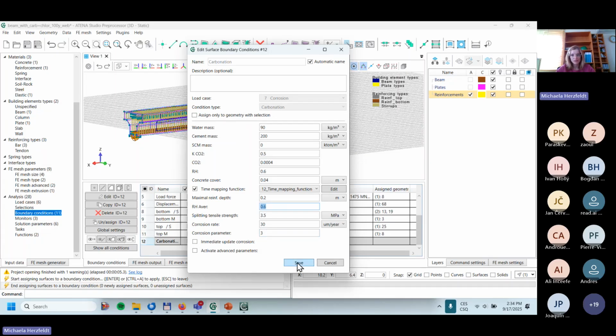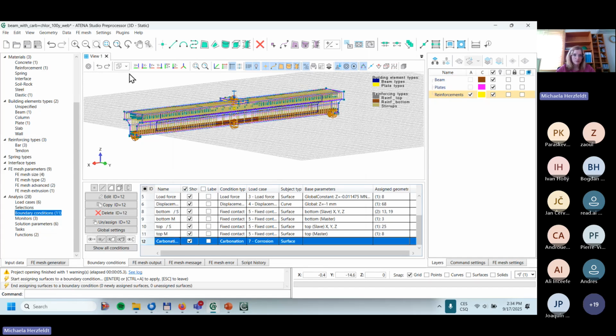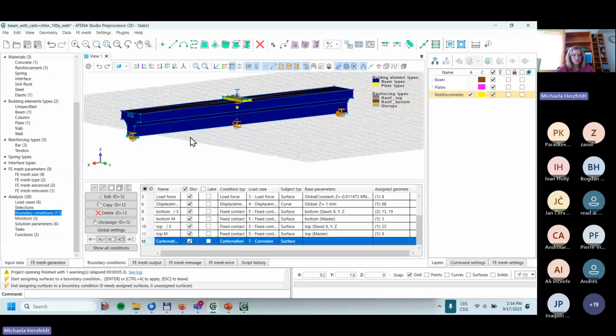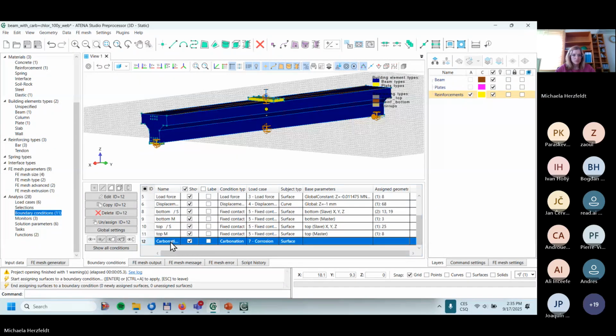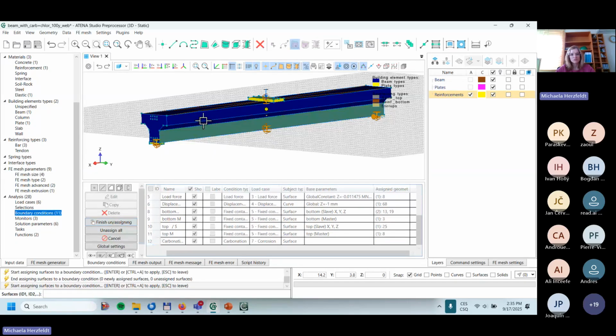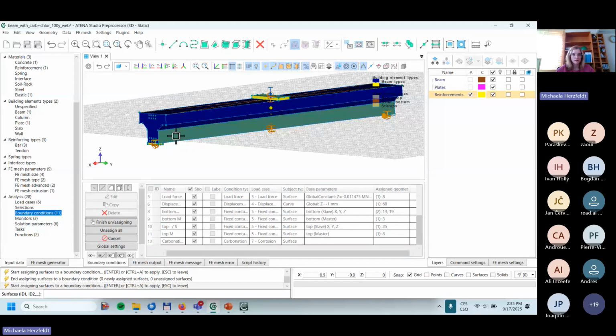So we save it, and then I will change this wireframe model to solid, because then it's a little bit easier to assign the boundary condition, because now I have this carbonation boundary condition selected, and I use this unassign button to select the surfaces where I want to apply it.